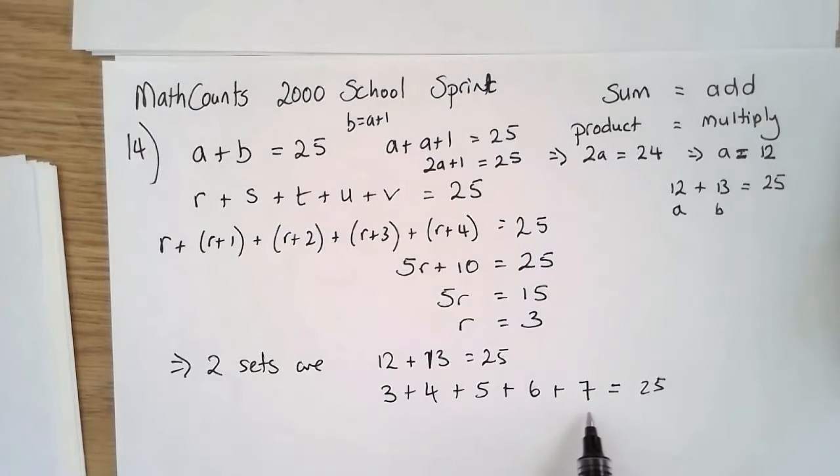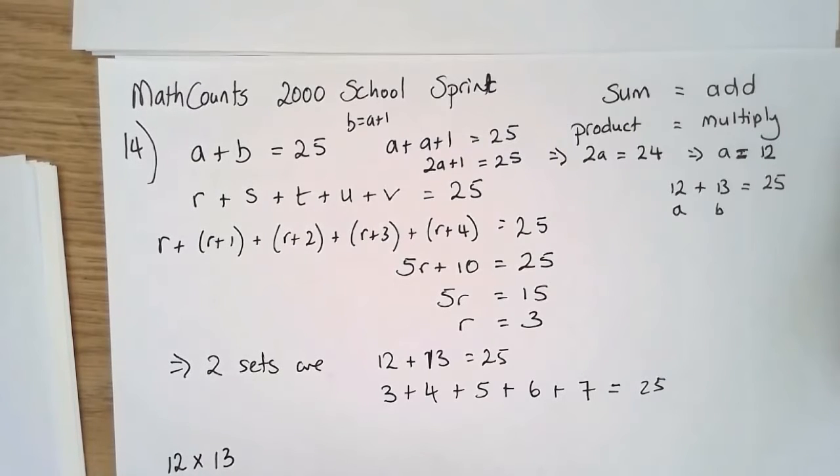What it's asking for is taking all of those numbers, the 3, 4, 5, 6, 7, 12, and 13, and multiplying them. 12 multiplied by 13, and also 3 multiplied by 4, multiplied by 5, multiplied by 6, multiplied by 7. 12 multiplied by 13 is the same as 12 squared add 12.